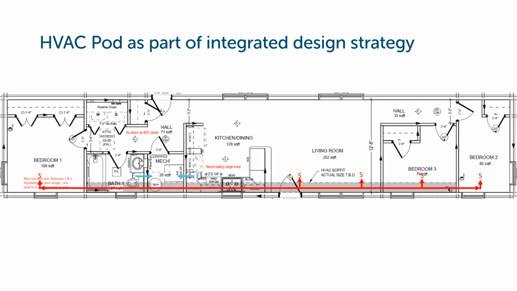And here's the schematic. Remember, this zero energy modular is a mobile home replacement. So it's all laid out very linear, which lends itself well to this strategy. Let me get my laser pointer out again. Here's the mechanical closet right here. And we saw what that looks like in previous slides.